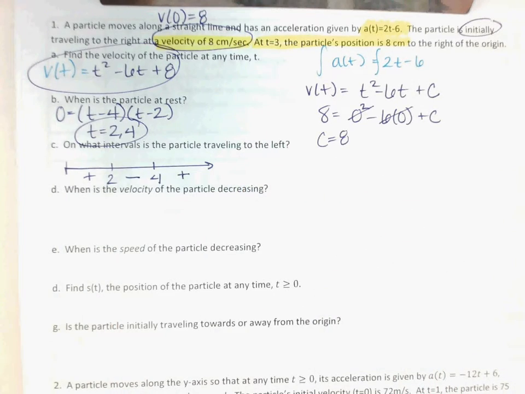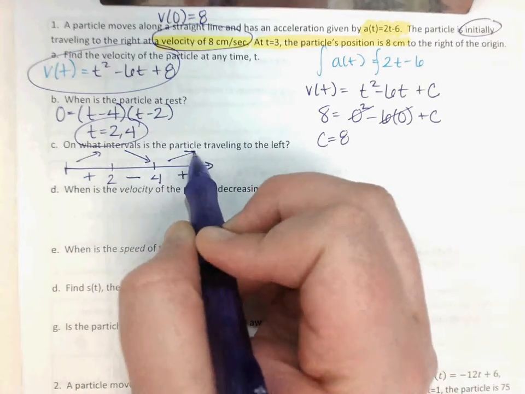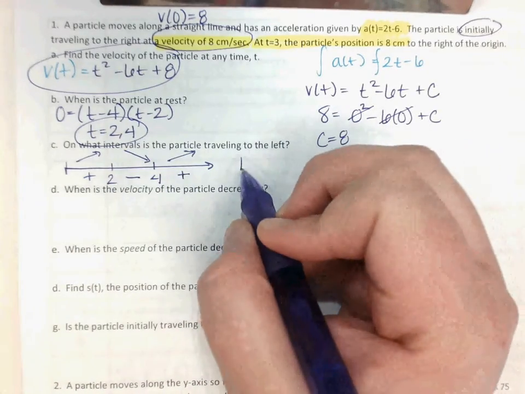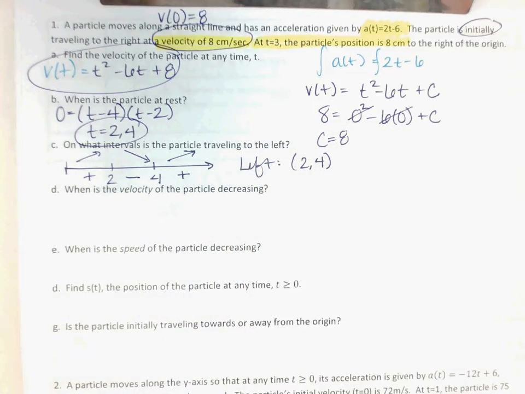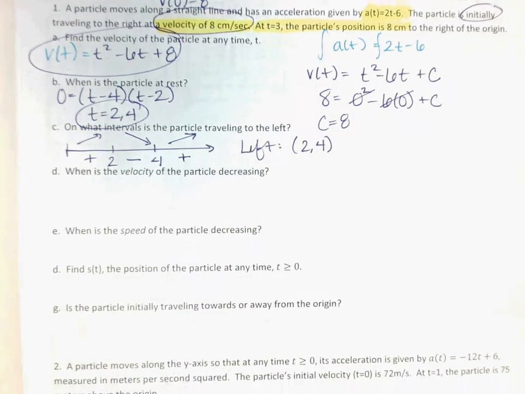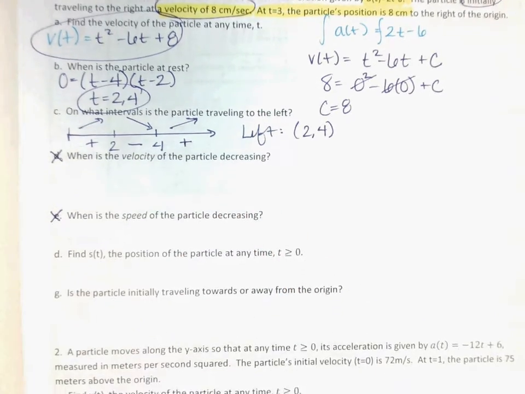No, then I know it switches to be positive. Then draw your thing and put where it's going to the left. So to the left from 2 to 4. Make sense?